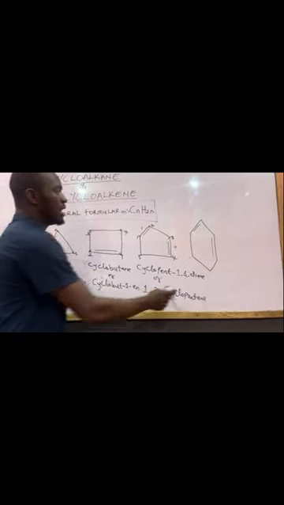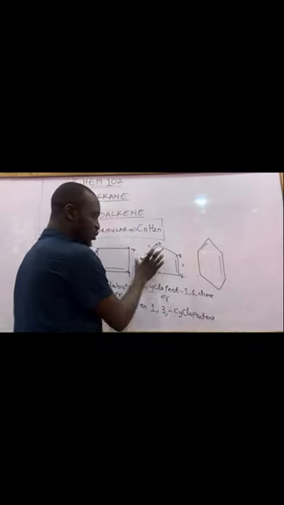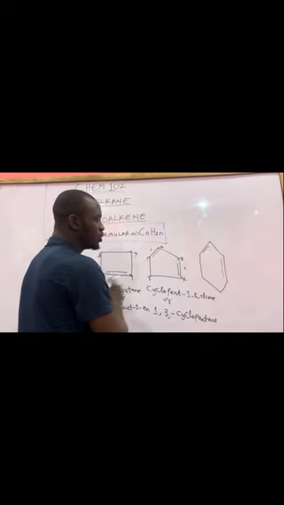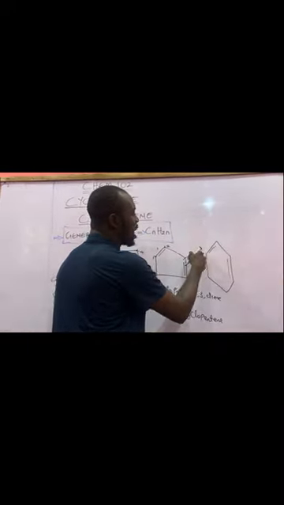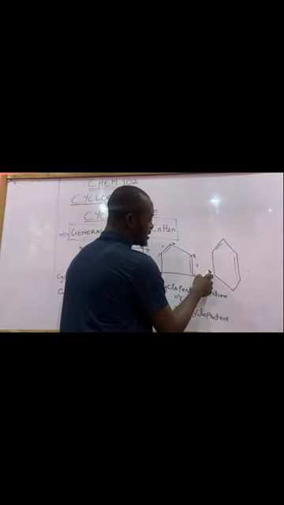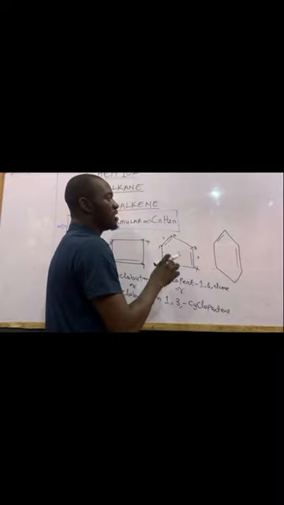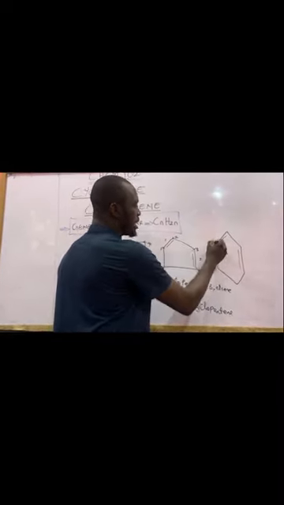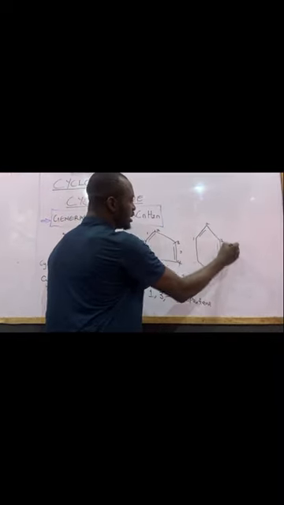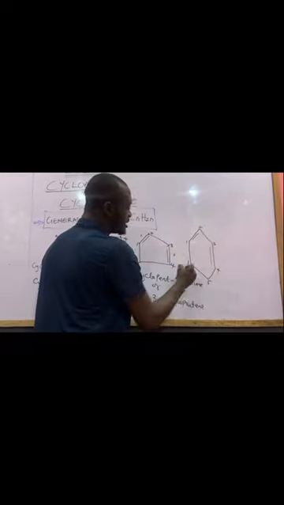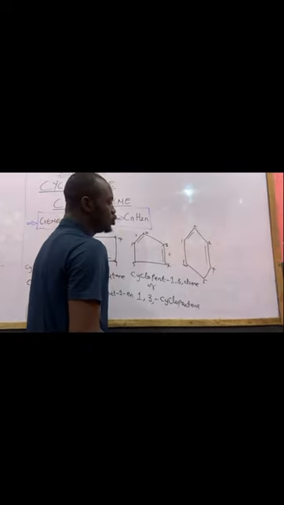Now let's check here. Same thing with that same rule. What do we do now? When we have 1, 2, 3, 4, 5, 6, the one that will give us the lowest is from here. So we have 1, 2, 3, 4, 5, 6. So what name do we have here now?